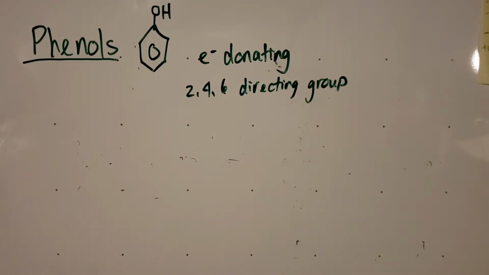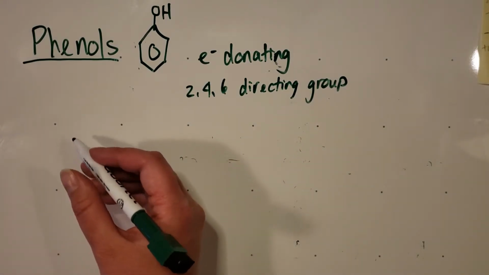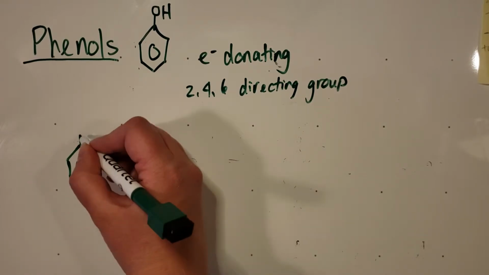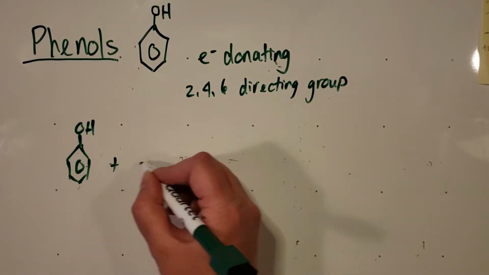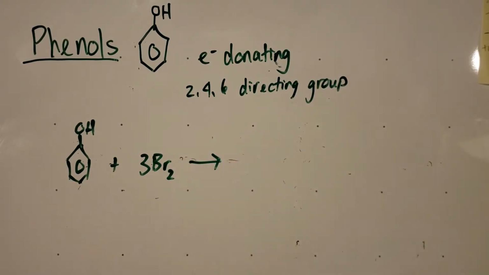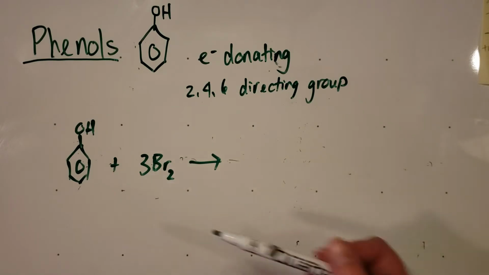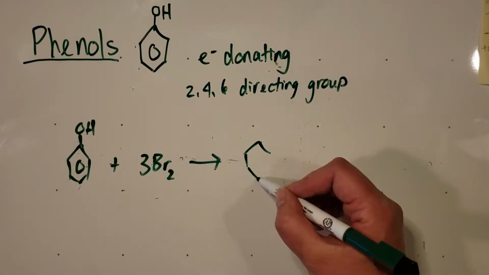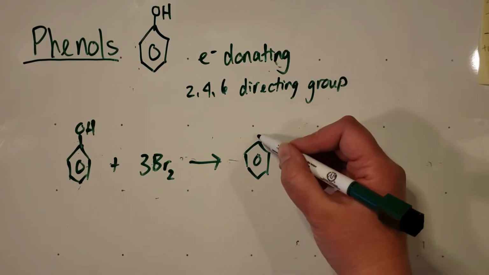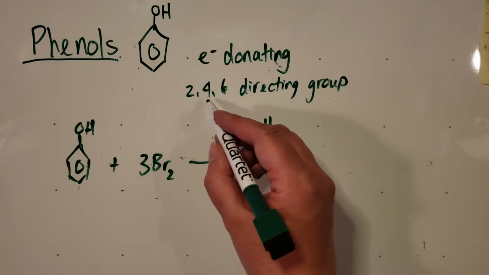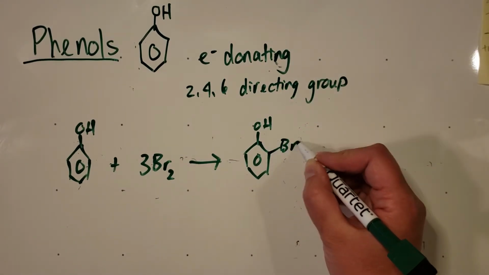We can also look at adding halogen, so halogenation. 3Br2, so we're looking at adding 3 bromines, so 2, 4, 6 positions.